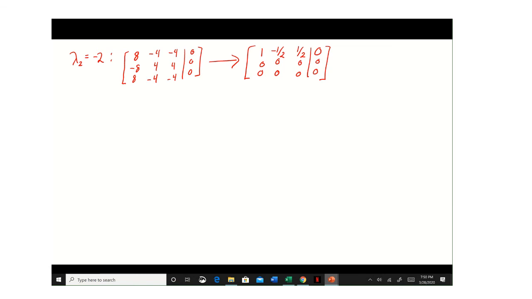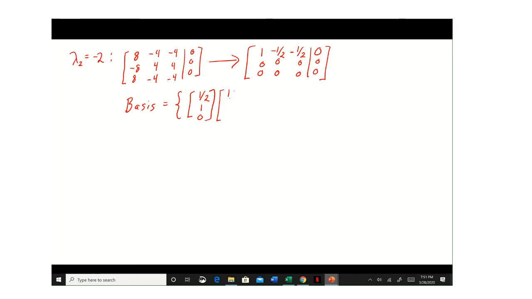We have two free variables here, so when you work it out, you end up with the basis being 1 half, 1, 0, and negative 1 half. Sorry, this is negative 1 half up here.